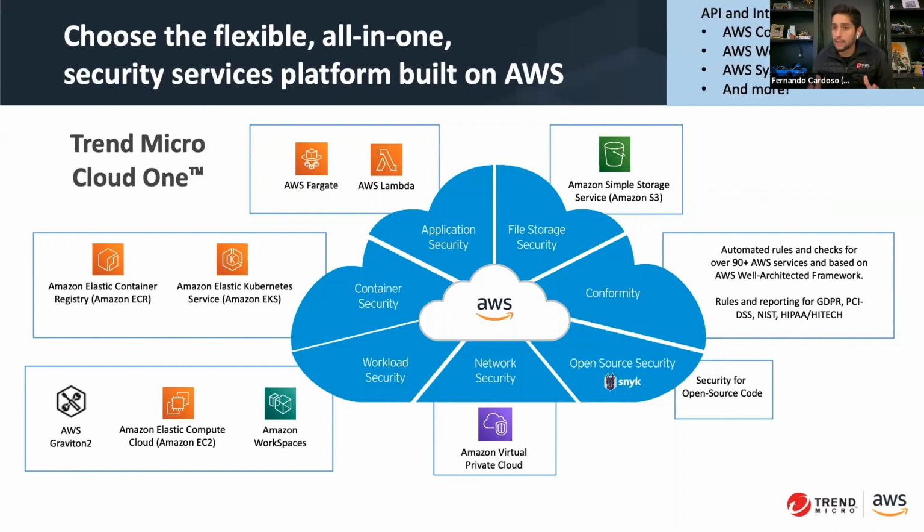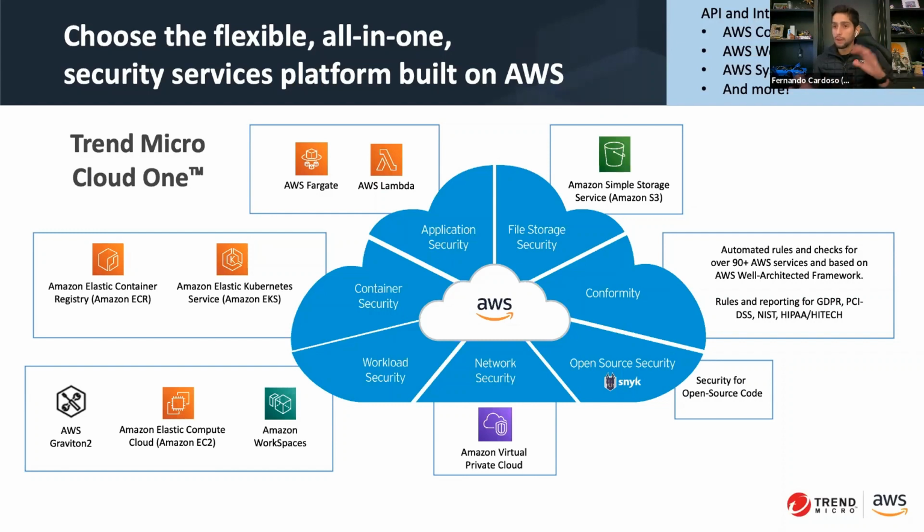When we talk about the Cloud One platform, this is a platform designed to help organizations protect their cloud workloads that they are building on AWS. Could be a data center migration, for example, just migrating the regular legacy operating systems to AWS. Could be creating new infrastructures using Graviton2 or using microservices with Lambda functions or containers. Cloud One was designed to help builders protect those workloads.